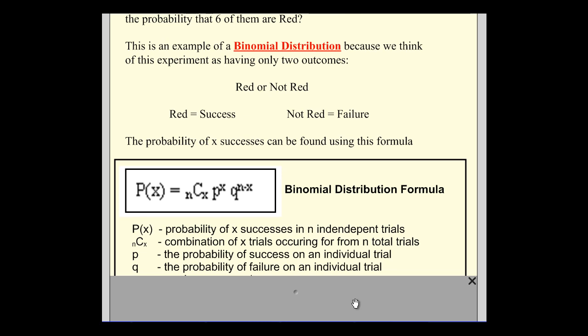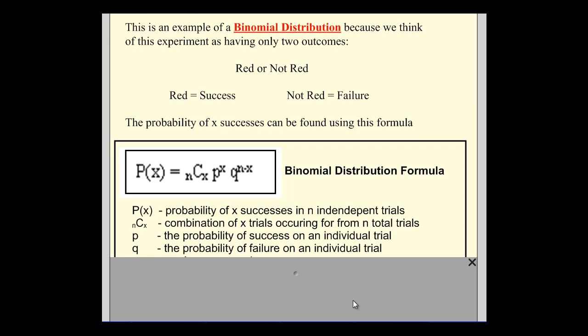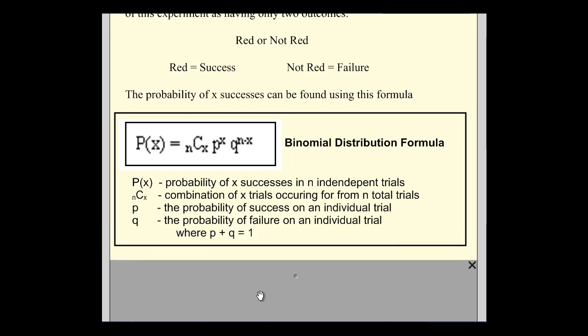Okay, let's actually apply this to the Smartie example so it makes a bit more sense. I always find it's good to see an example, use the formula, and then the formula has more meaning after. So we want to find the probability of 6 red Smarties. We know that usually it's 40% for red. We want 6 out of 10. Okay?